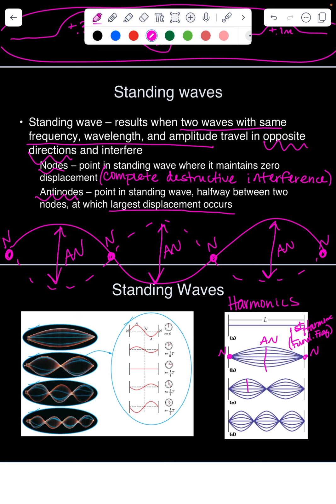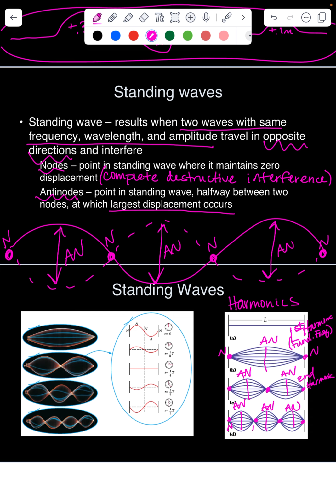This one, you see that it has two antinodes with three nodes, and so that's going to be our second harmonic. This one has three antinodes, and it has four nodes.